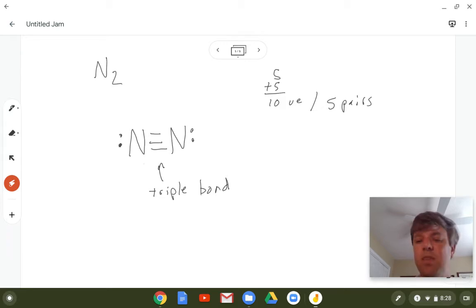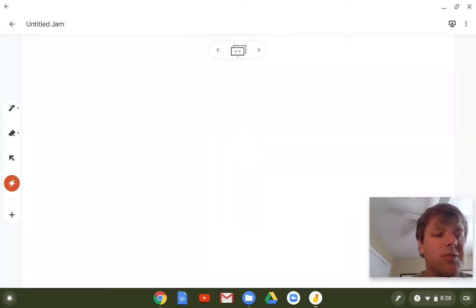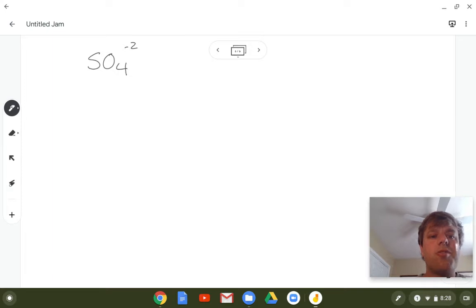I'm going to look at one more example that builds on this and makes things a little bit more complicated. And then I'll turn y'all loose to try a few on your own. So the last thing we're going to consider is sulfate, SO4, with a -2 charge.